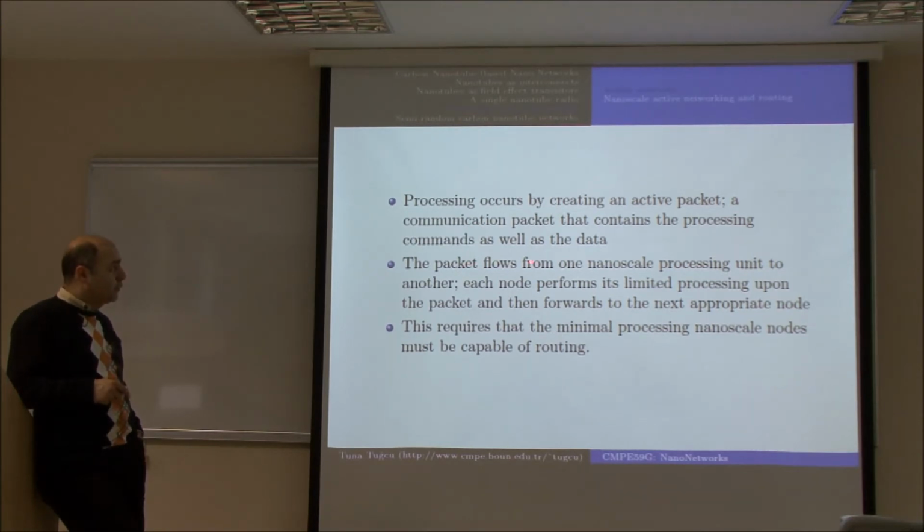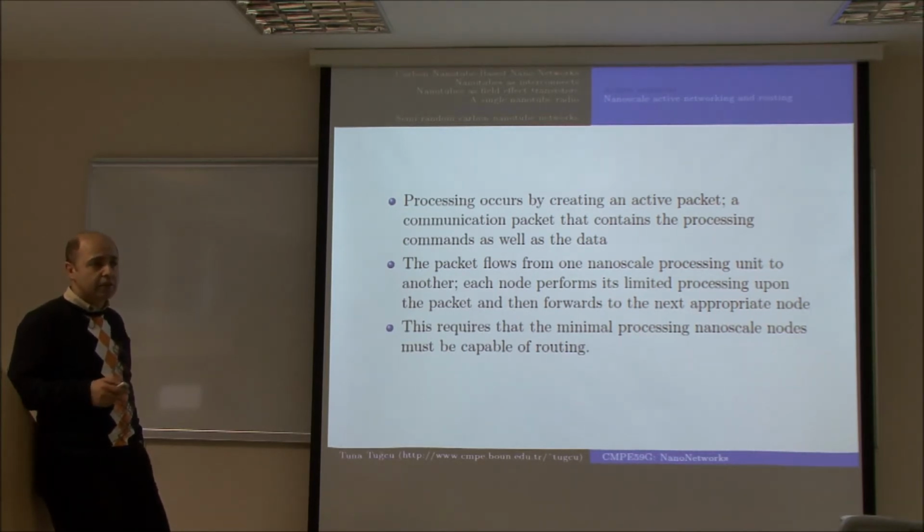The packet flows from one nanorouter to another, and each node will perform some limited processing that is defined in the packet itself, and then forwarded to the next nanorouter. And this will require that the minimal processing nanoscale nodes should be capable of doing routing.